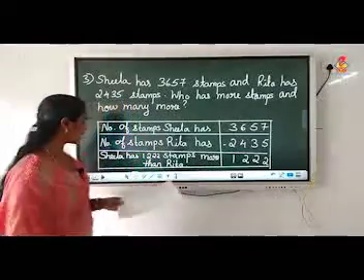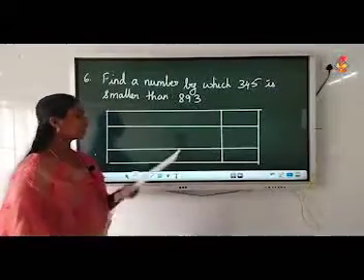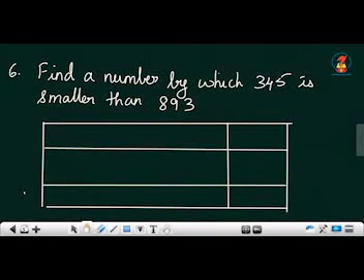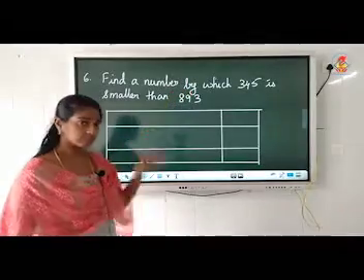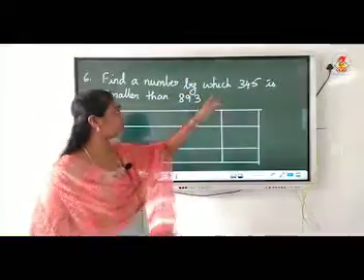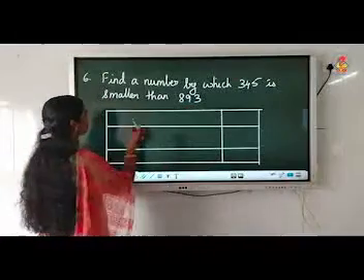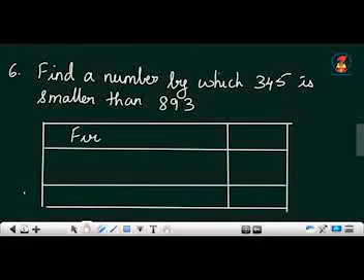Okay, children. Now, the next question. Find a number by which 345 is smaller than 893. What do you have to do here? You have to minus, isn't it? You have to find a number which is 345 smaller than this. Okay. So, here also we don't have any statements to write. So, you can write first number.